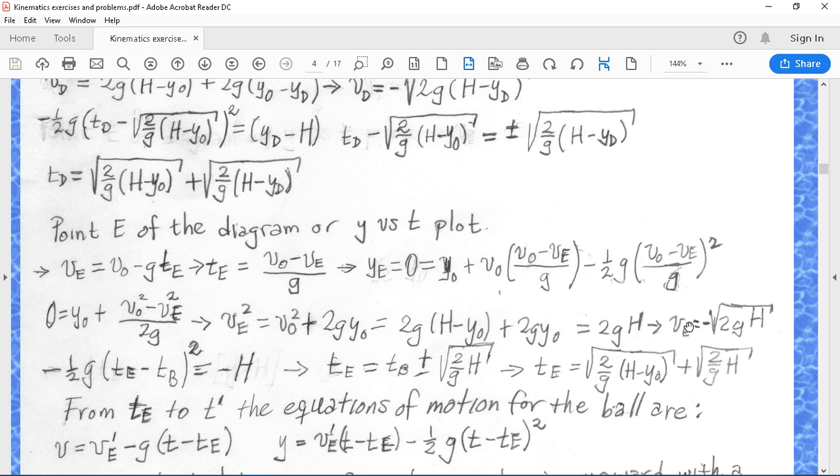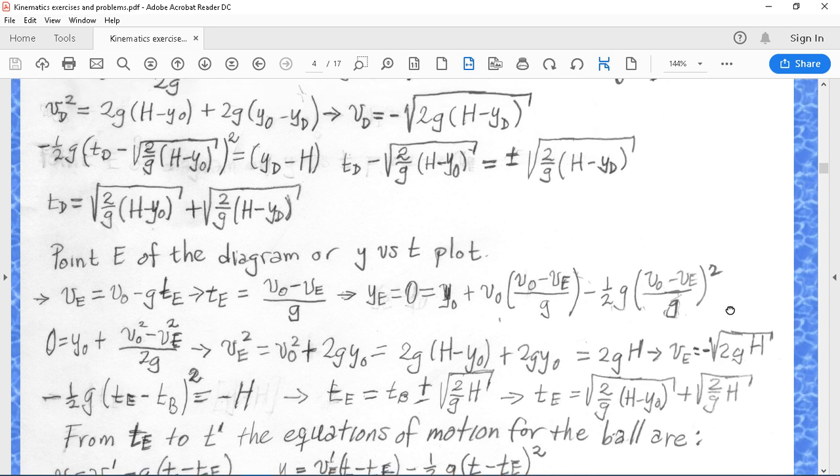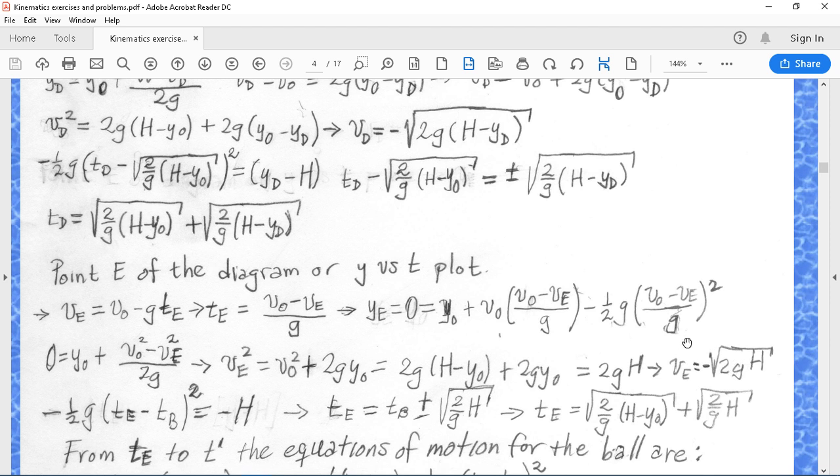we get that Ve equals minus the square root of 2gh. Now if y would be different from 0, we'd have this difference, but since y is 0, we simply have 2gh in the radical.